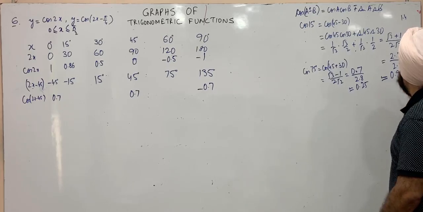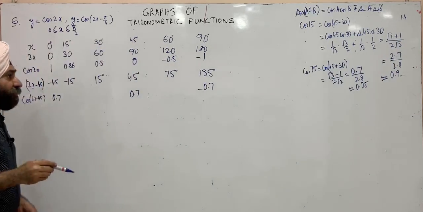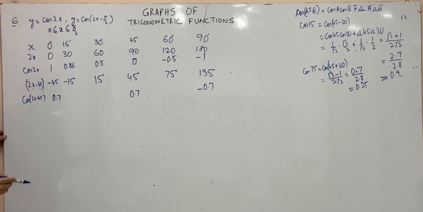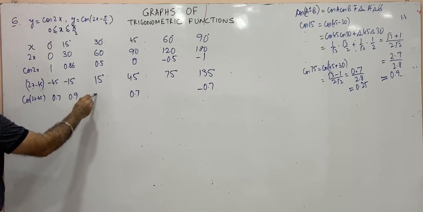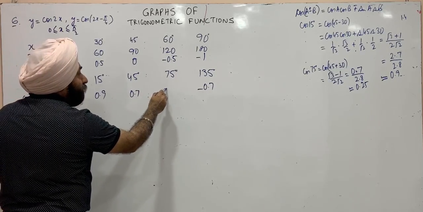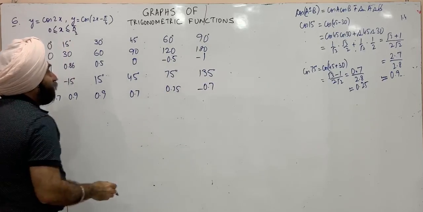This is approximately 0.9. So we can substitute these values here. Cos of minus 15 is the same as cos of 15, that's roughly 0.9. Then cos of 75 is 0.25.